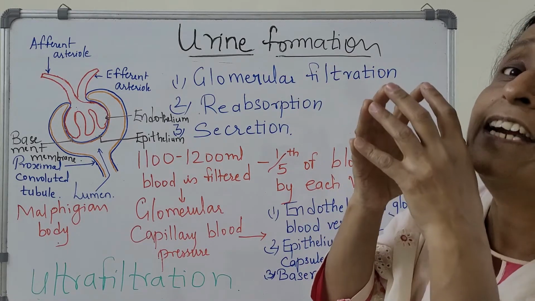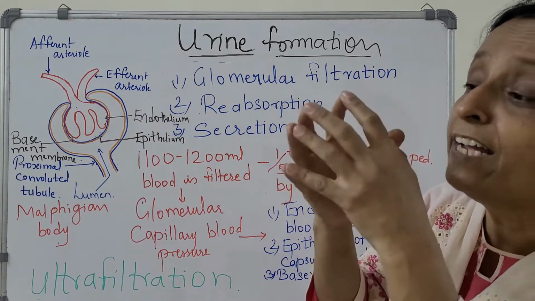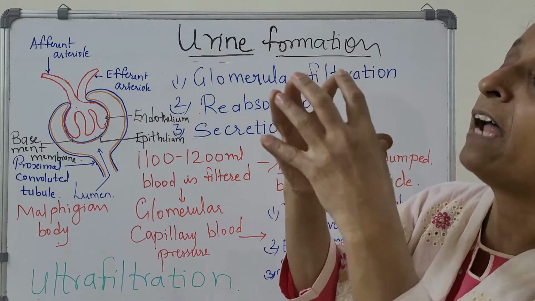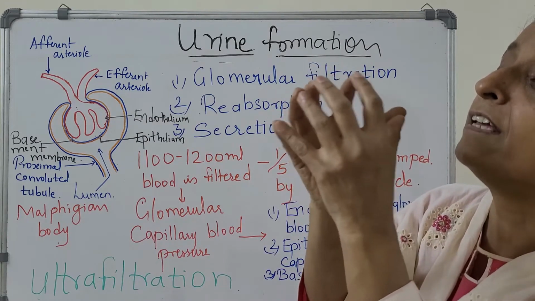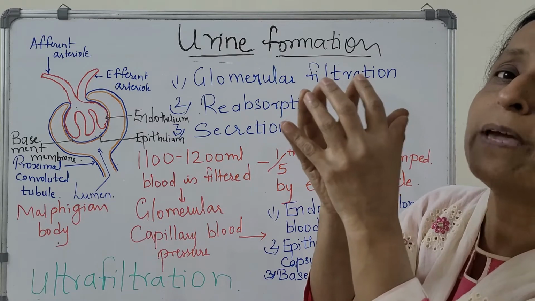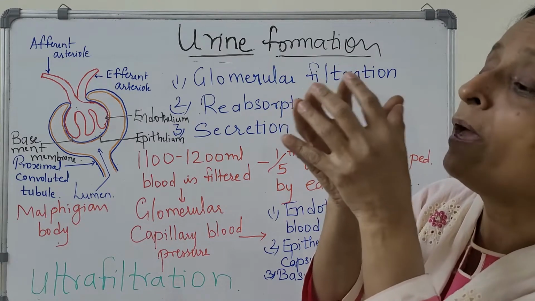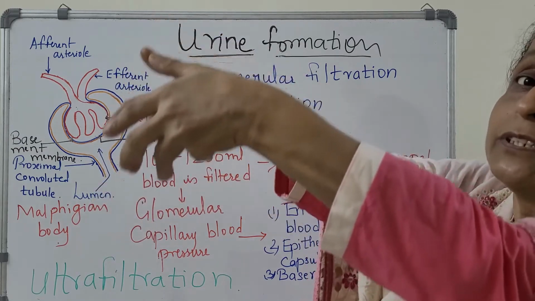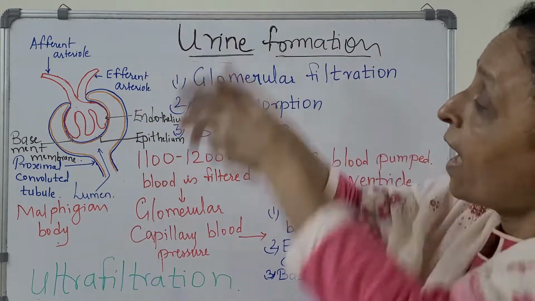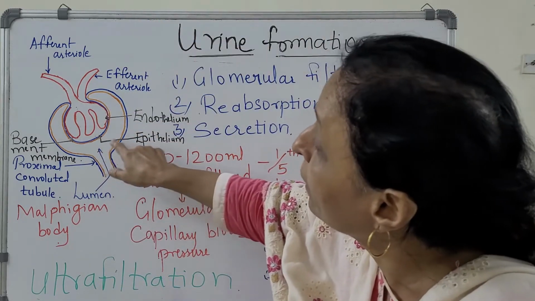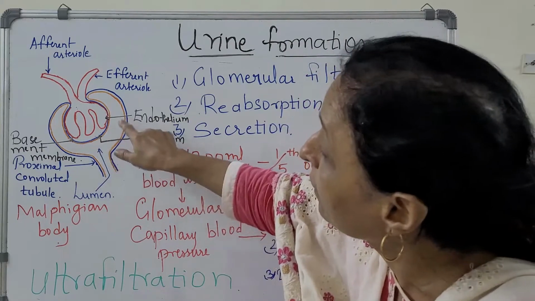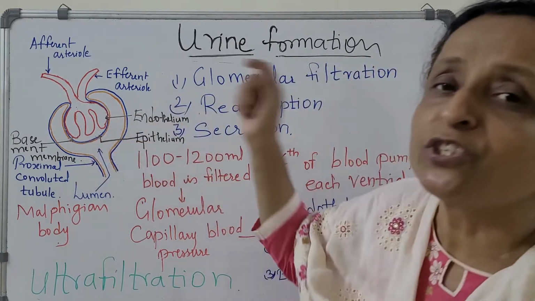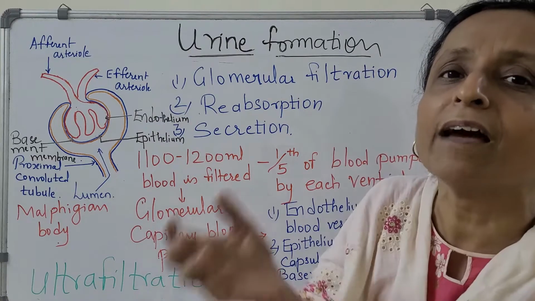They are intricately arranged in such a manner that the legs are like this and there are slits and spaces present in between, which will allow the substance to pass and come into this lumen, the cavity, this cup-shaped structure.